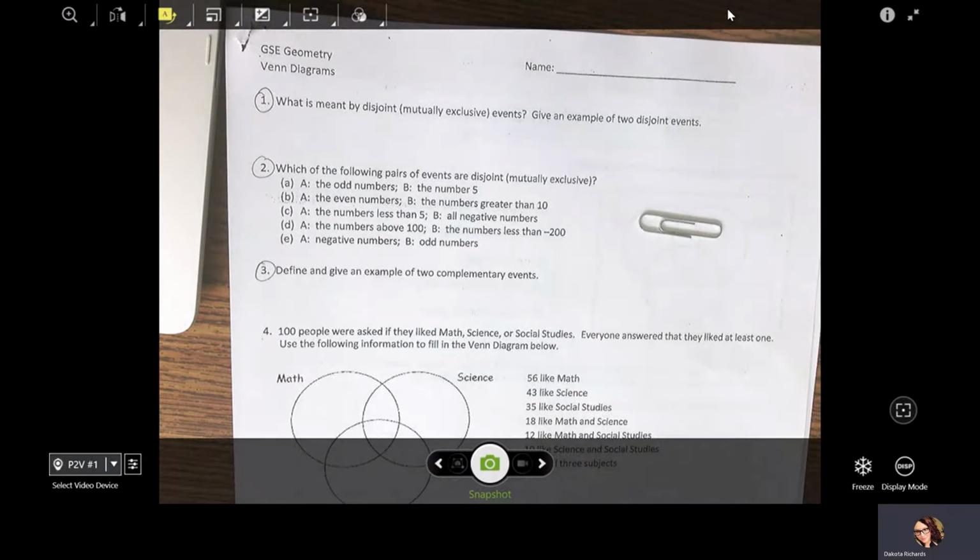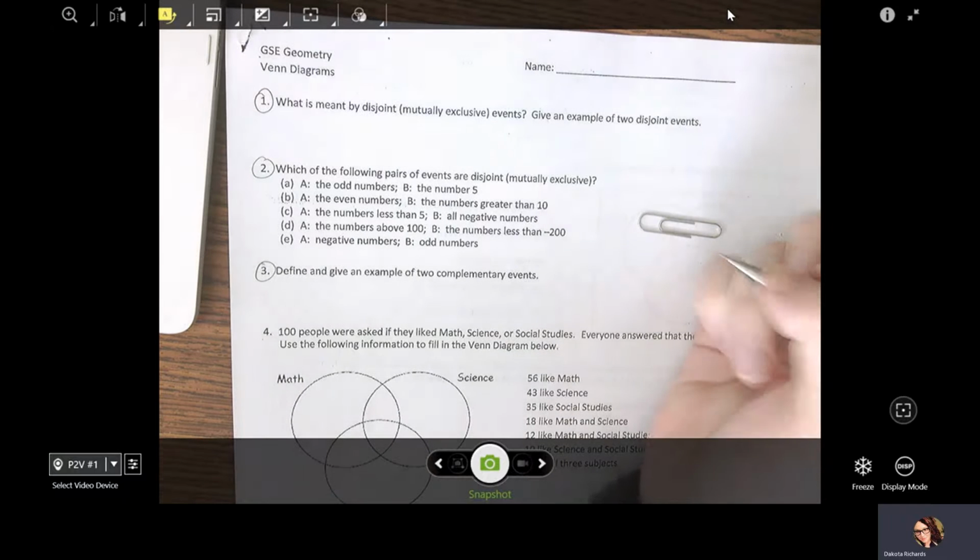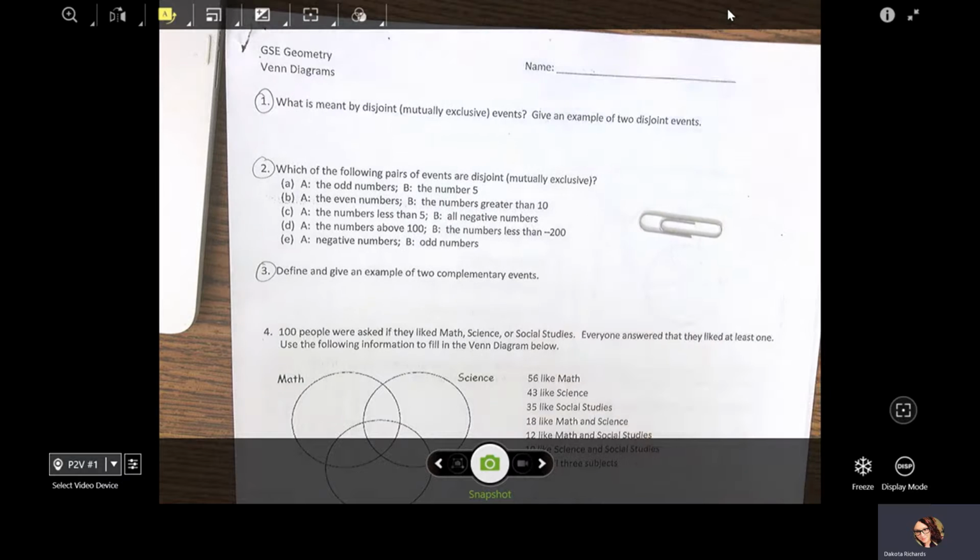All right, so question 1 from the homework. What is meant by disjoint or mutually exclusive events? Give an example of 2 disjoint events. Okay, this means events that cannot happen at the same time.